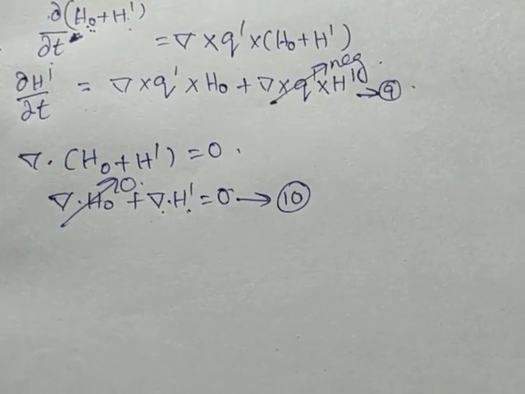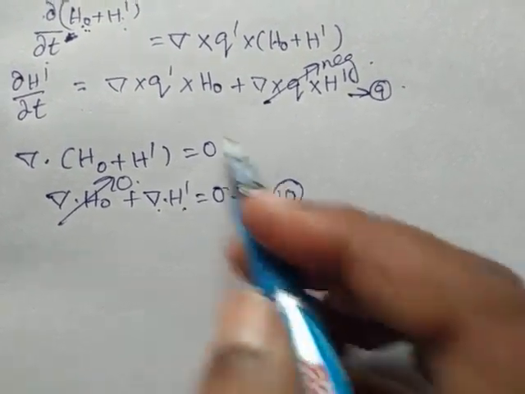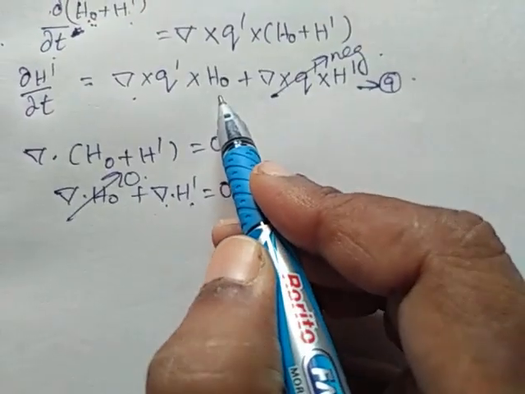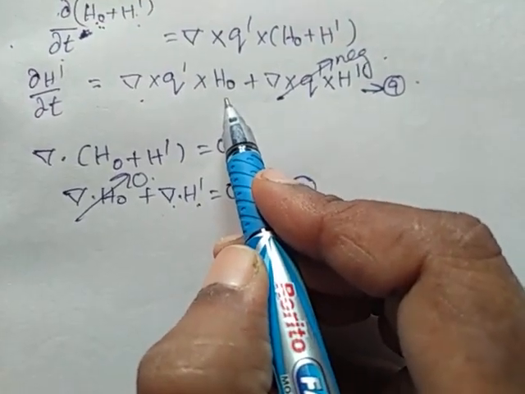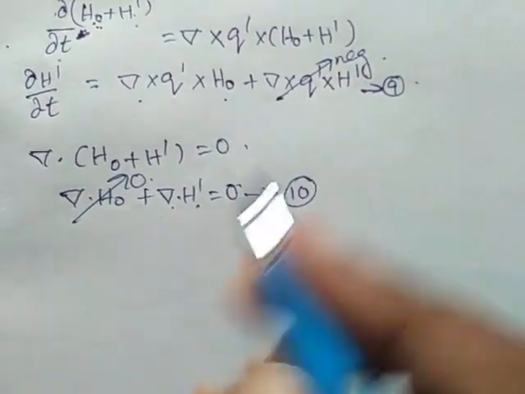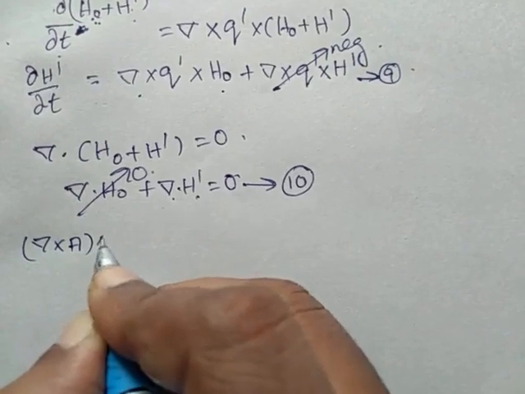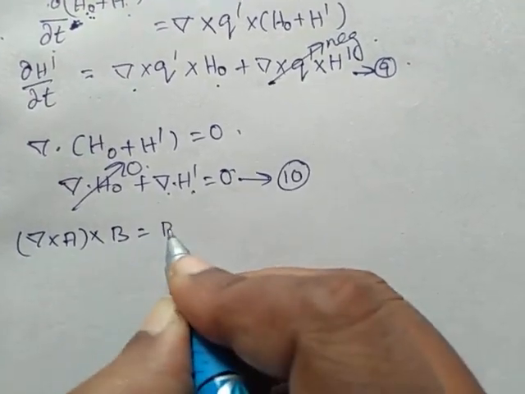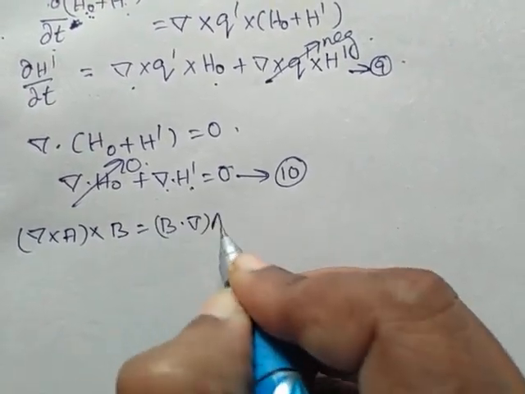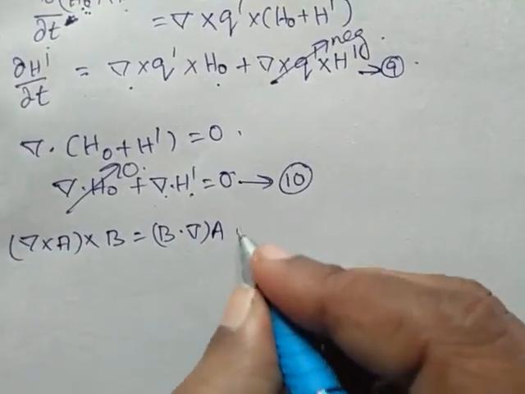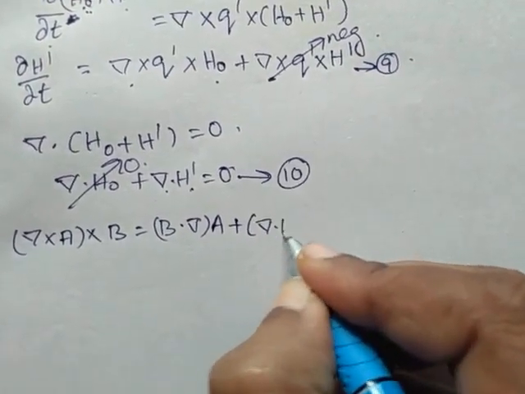Now I am going to find the value for ∇ × (Q' × H₀) using a vector identity. Using the vector identity, curl of A cross B can be written as B·∇A minus A·∇B minus B(∇·A) plus A(∇·B). We have used this vector identity many times earlier.